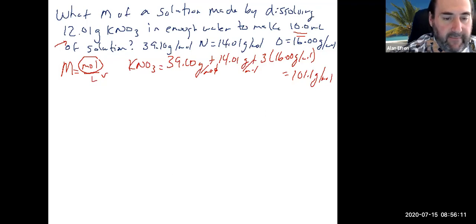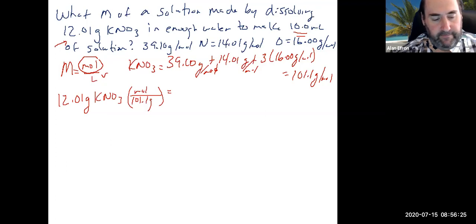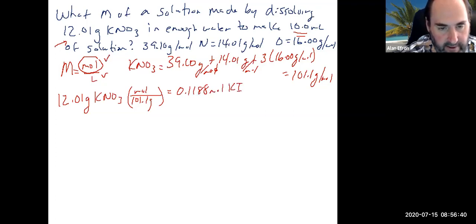So we're going to use that to convert into moles. So we'll take the grams of it that was given to us. We will convert it into moles by taking 101.1 grams per mole. Gives us 0.1188, we'll call it, 0.1188 moles of KNO3. We now have the top part.